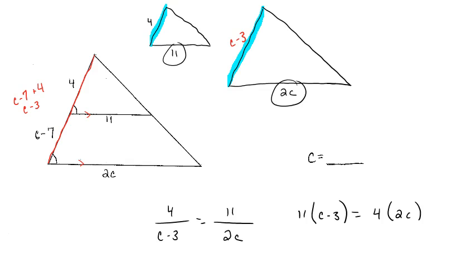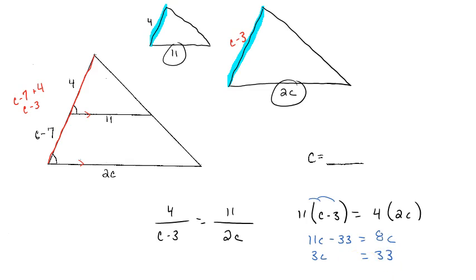I'm going to do the algebra quick on this one just because there's a little bit of a tricky part, but I distribute 11c minus 33 equals 8c. If I subtract 8c from both sides, I get 3c minus 33 equals 0. Don't just move your equal sign. So then if I add 33 to both sides here, I get plus 33.